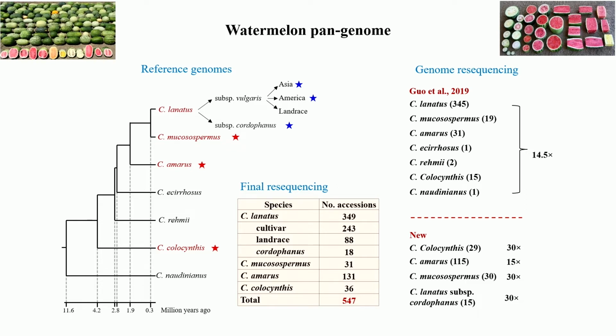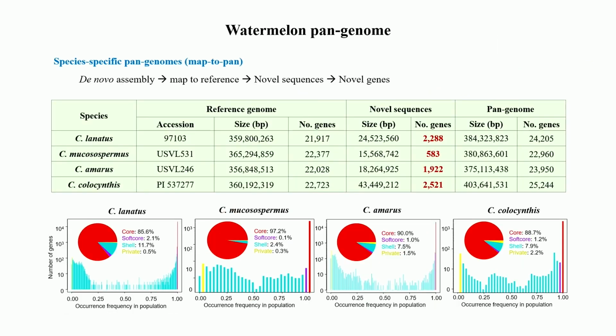So first we built a pangenome using the map-to-pan approach for each of the 4 watermelon species, because for the other 3 species we don't have enough accessions to work with.